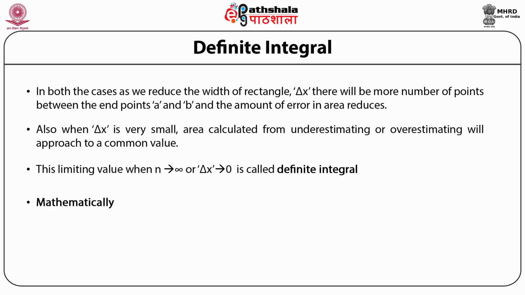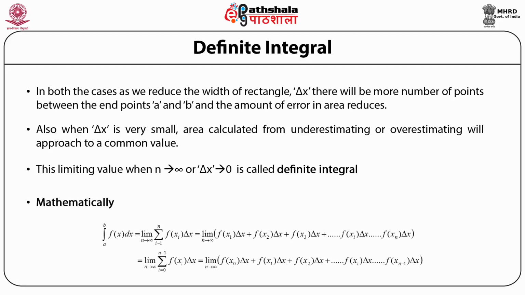Mathematically, the integral from limits a to b of f of x dx can be written as the limit as n tends to infinity of the sum, with i changing from 1 to n, of f of x i del x. Right?